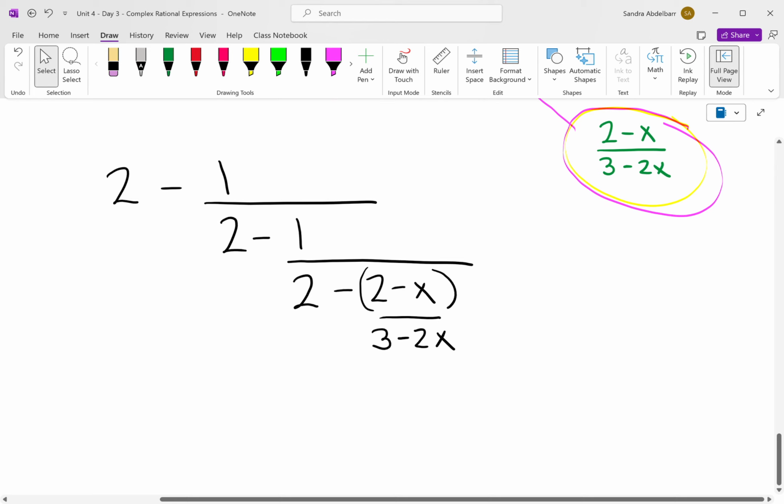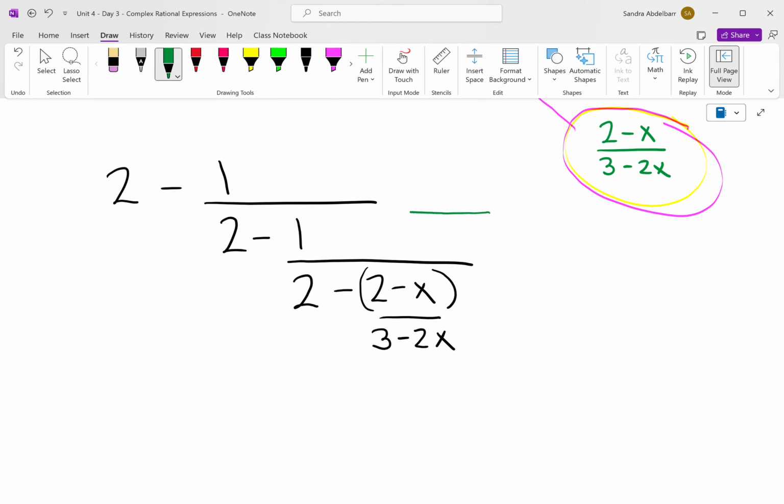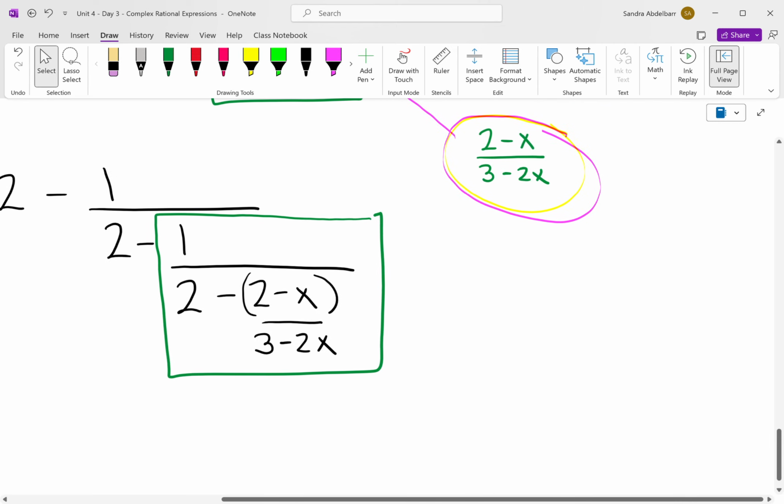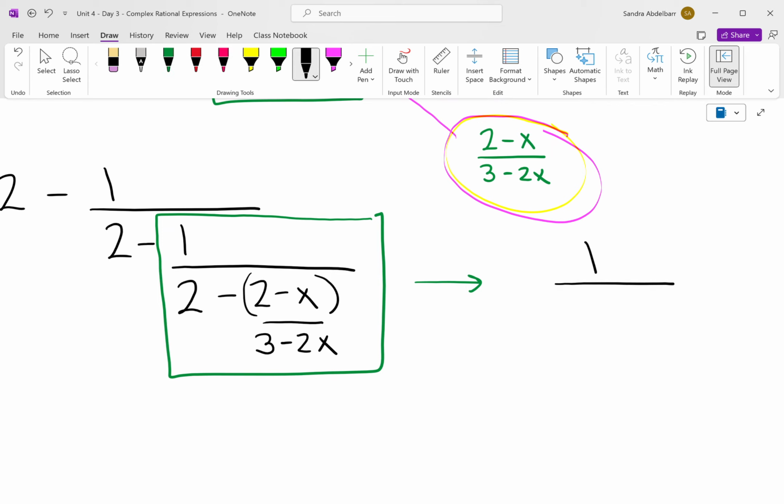Okay, are we ready? So now what we're going to do is take this, and I'm going to work on the side over here. This is going to be 1 over. Are you guys all okay if I distribute in that negative?